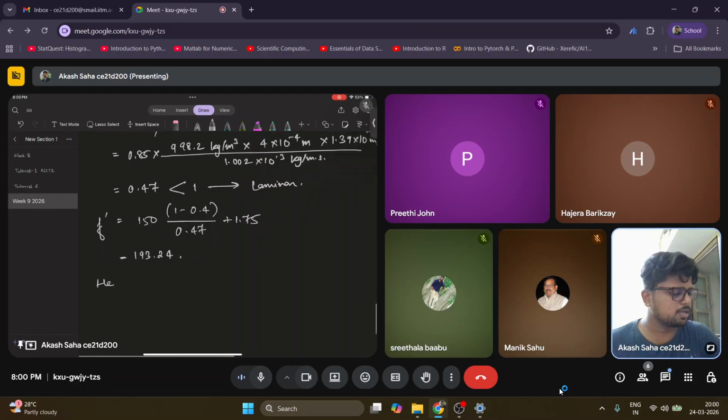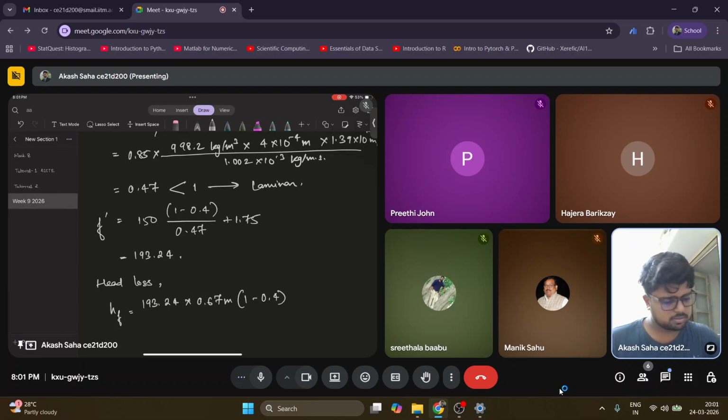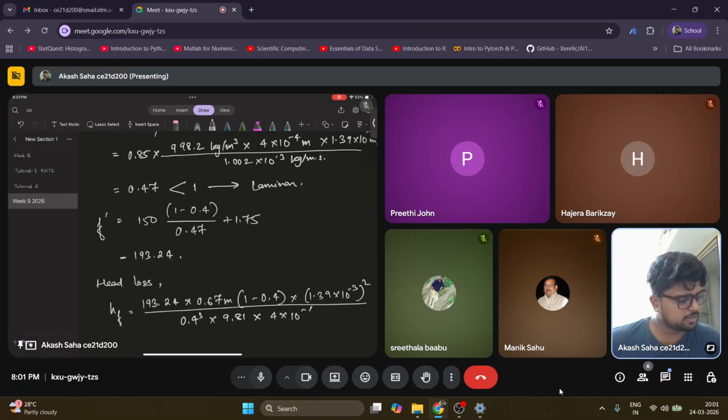Ultimately my head loss is the friction factor into the depth of the bed, 0.67, then 1 minus porosity into the filtering velocity square, divided by porosity cube into G into the diameter of the particle.